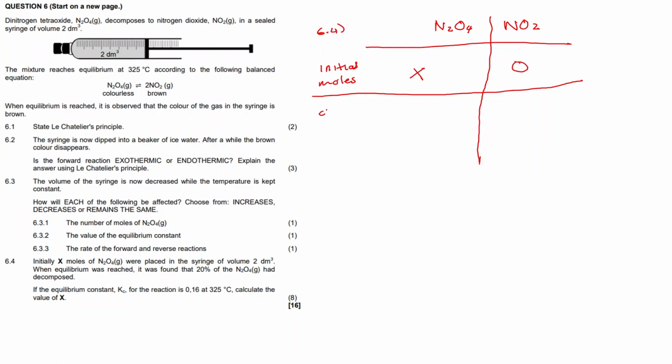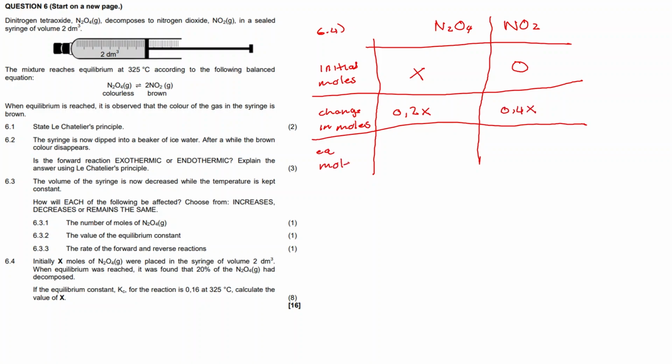We then want to calculate the change in moles. We know that the change is 20% of X, so we can say 0.2X. And since the ratio of N2O4 to NO2 is 1 to 2, we therefore have a 40% increase of X. We then can calculate the equilibrium moles. I'm just going to say EQ for equilibrium.